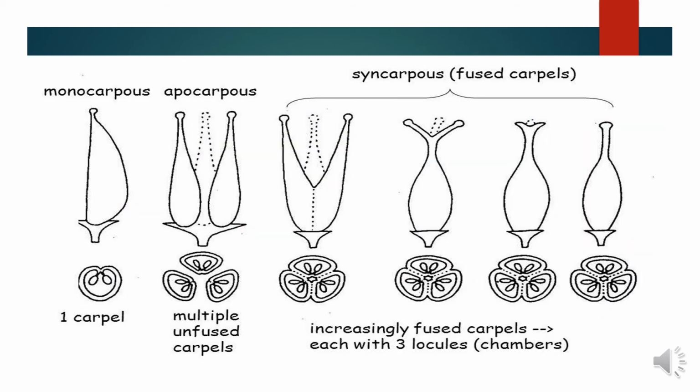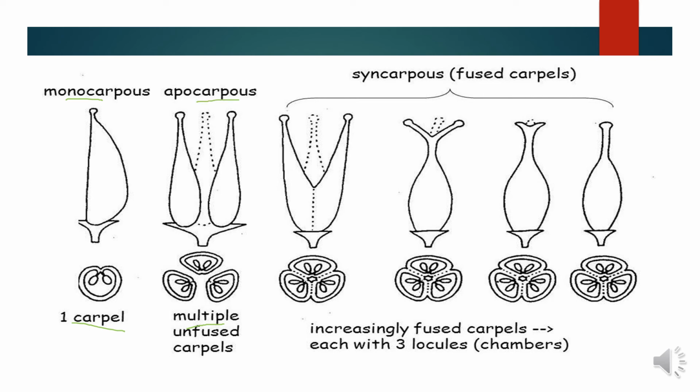Then we see how the carpels, that is the gynoecium, are arranged. When there is a single carpel in a flower, it is called monocarpous. When there are multiple carpels in a flower and the carpels are detached, not fused, it is called apocarpous.